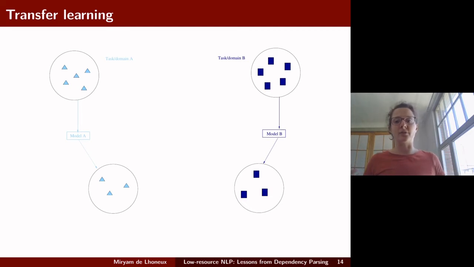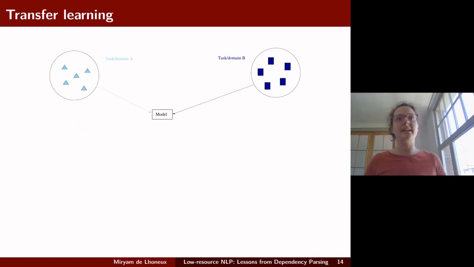And in the context of transfer learning, what we do instead is to create just one model, either from the two tasks that is then applied to the two tasks, or a model that is built from one task, typically the source task, and we're transferring the knowledge to another task, typically the target task. And this has been applied quite widely to dependency parsing.